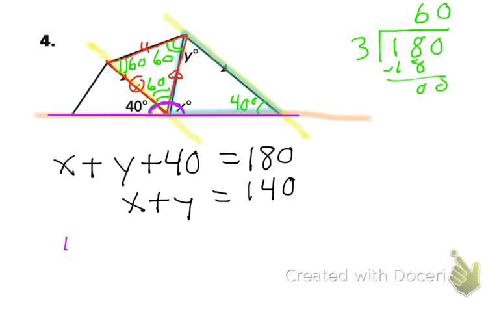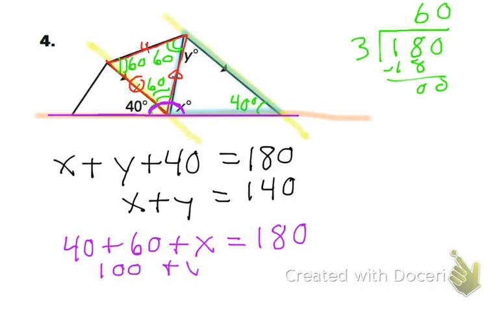So I'm going to write that 40 plus 60 plus x, the x got a little bit covered up, is equal to 180 degrees. So I'll combine the 40 and the 60 and I'll get 100 plus x equals 180 degrees. And then that means that if I take away 100 on both sides, x equals 80.